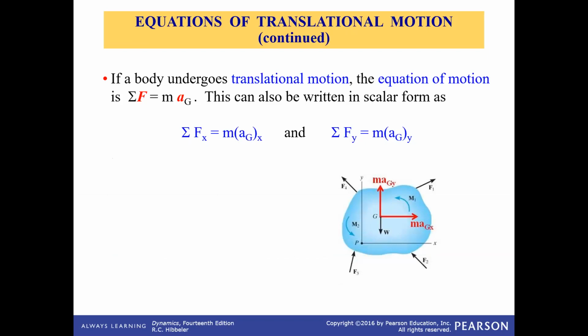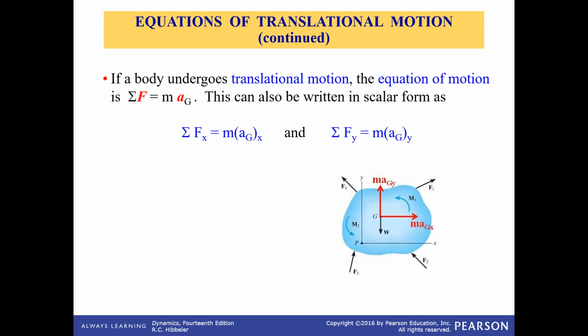If we are just considering translational motion, we can use the equation of motion for translational motion, which says the net force on the object should be equal to the mass times the acceleration of its center of mass, a sub G, where G means center of mass or center of gravity. If this is planar motion, the motion can be in the x direction or the y direction, so there are two components.